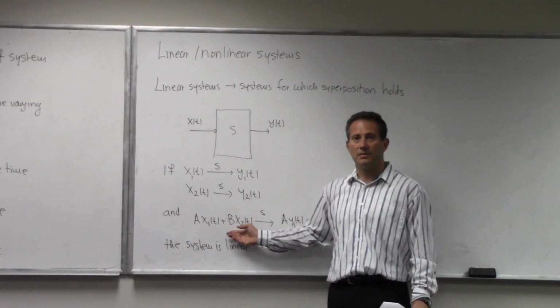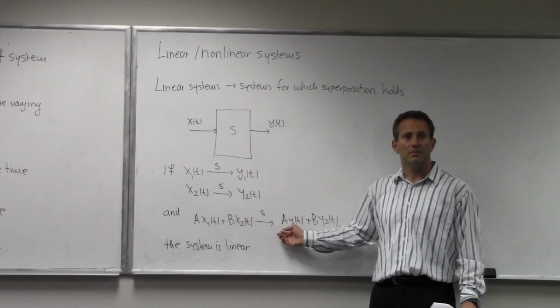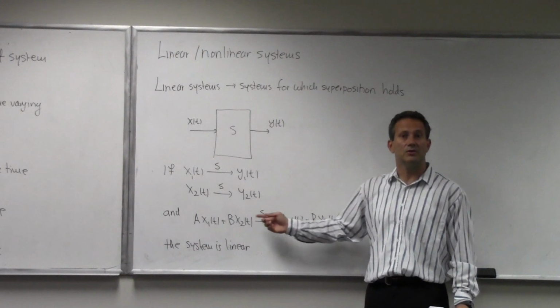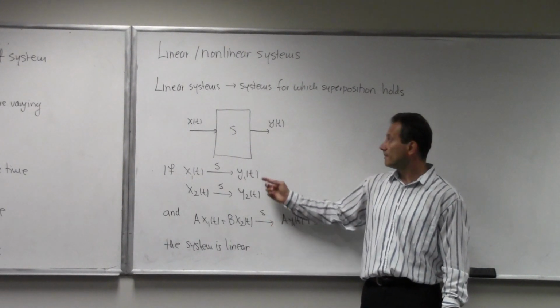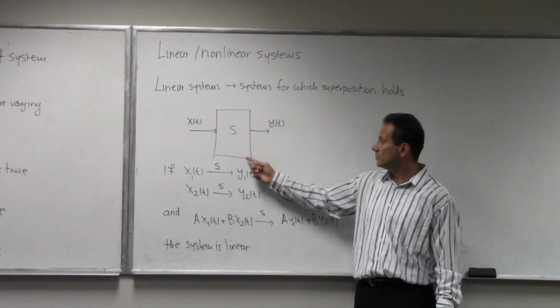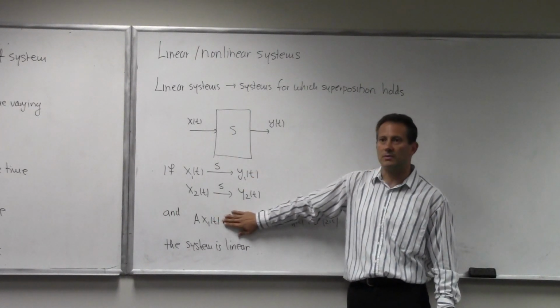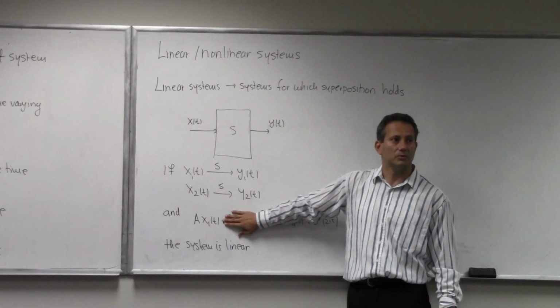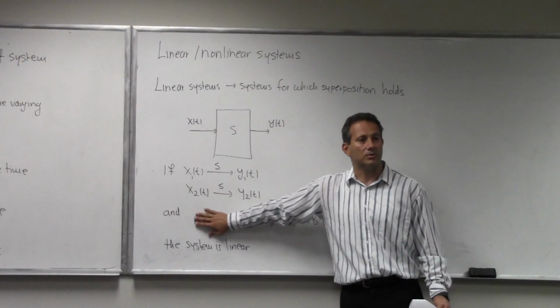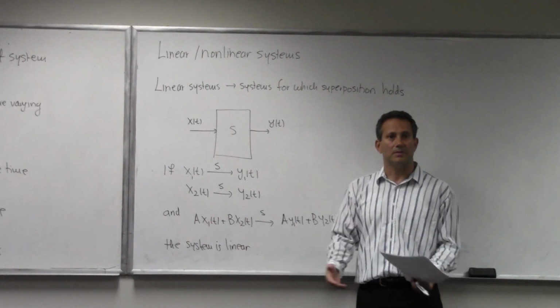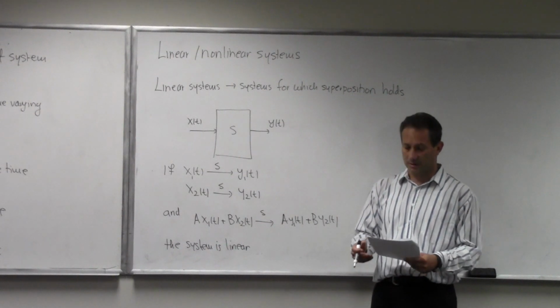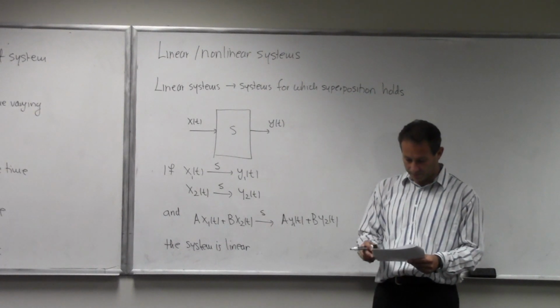Whatever comes as a sum comes as a sum in the output of individual responses. So to calculate the output to the sum, I can calculate first the output to the first, then the output to the second, and sum the outputs to get the output to the sum of the inputs.